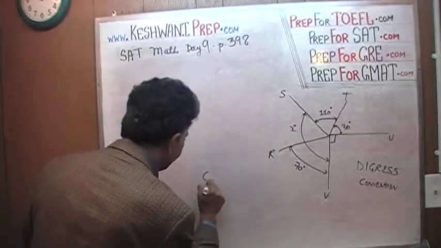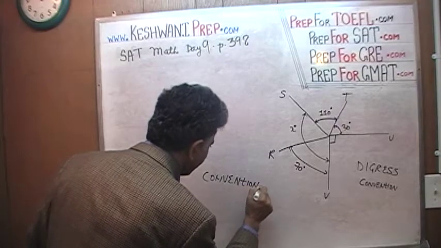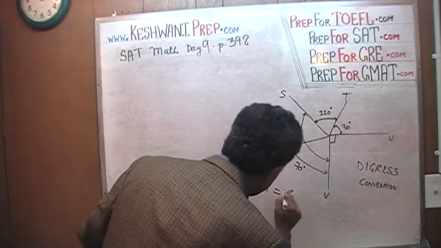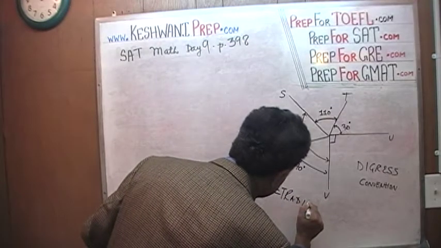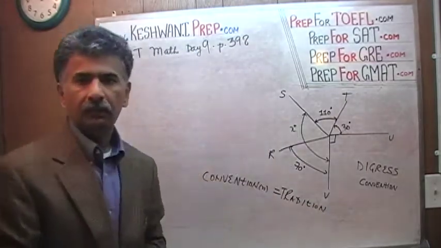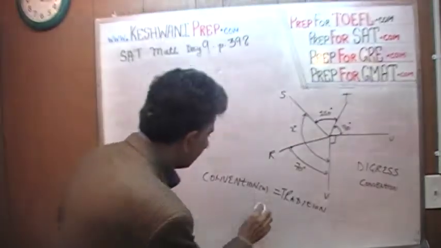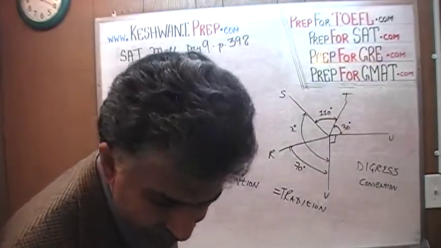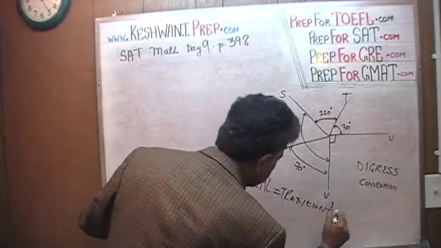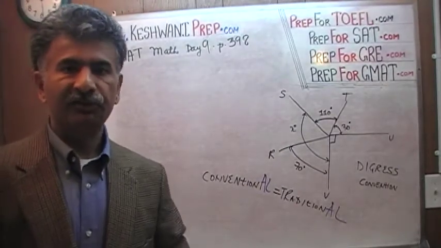The word is convention, which is a noun, and convention means a tradition, which is a noun, of course. And from the noun, if you convert that into an adjective, you get conventional. Something is said to be conventional if it is traditional.